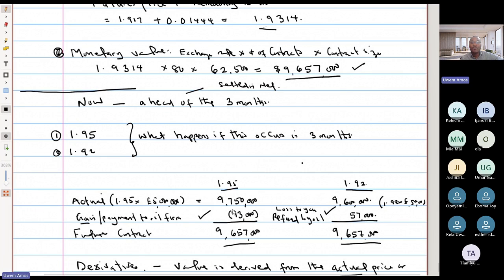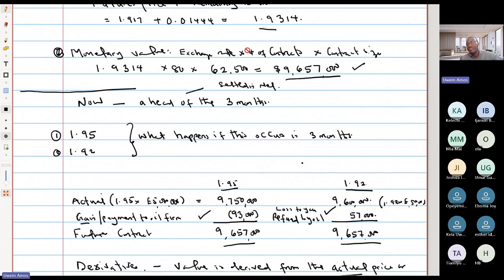So regardless of what the price is, whether it's this or this, how much do you spend in total under both scenarios? Can you see the total? Yes, sir, I'm seeing it. So it is 9.657 that you pay in total, regardless of what the price is.